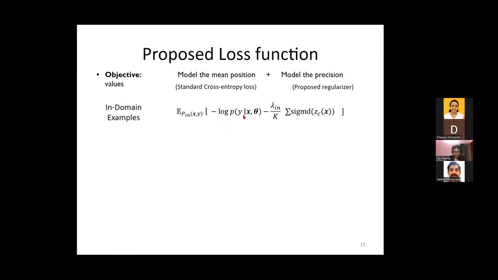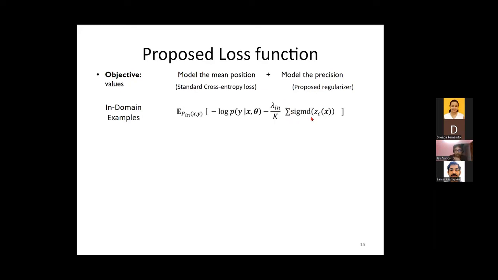This part is the standard cross entropy loss function, which is just minus y log p of y given x, and for this part we take the sigmoid of the logit values. Sigmoid is going to scale all these values to positive and negative, and then we either increase the value or decrease the value.